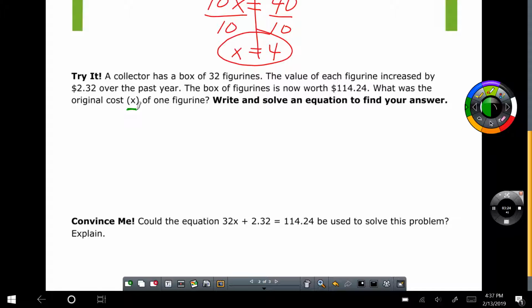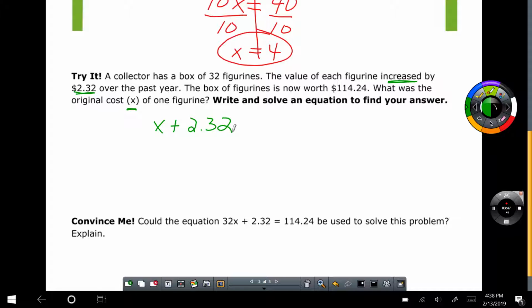So obviously we need to write an equation first. Go ahead and write an equation and then see if it matches any of the ones that are in the PlayPosit. Okay, so we started with X dollars for each figurine, and their price increased by $2.32. So we're going to take that original value of X and add $2.32.